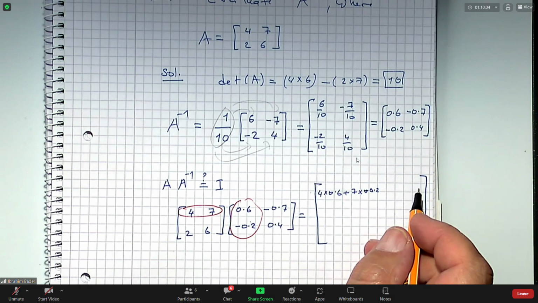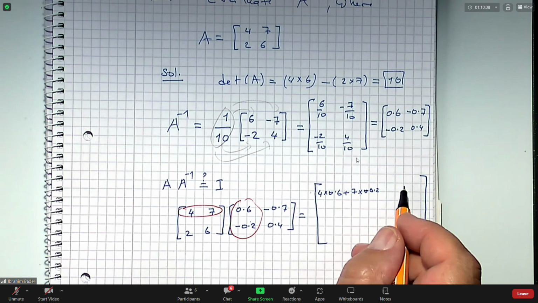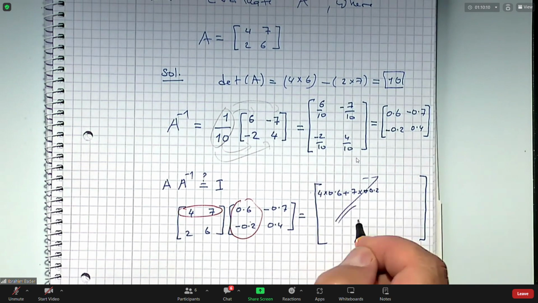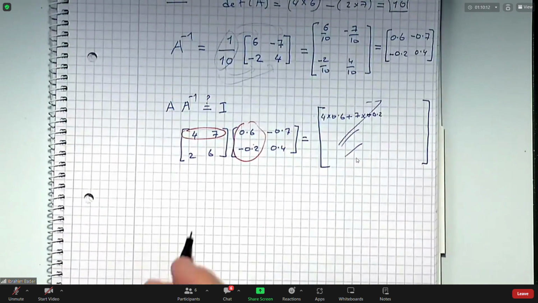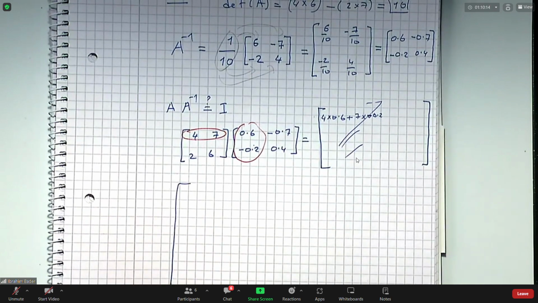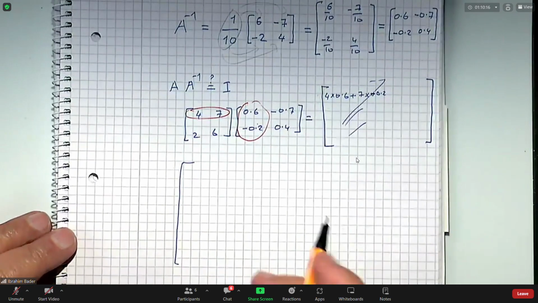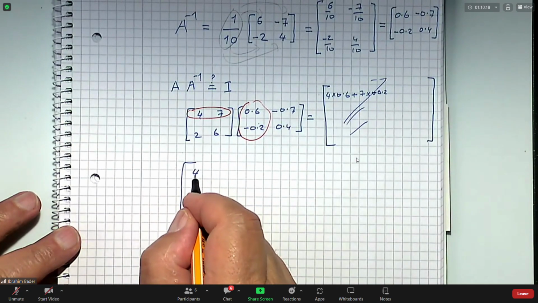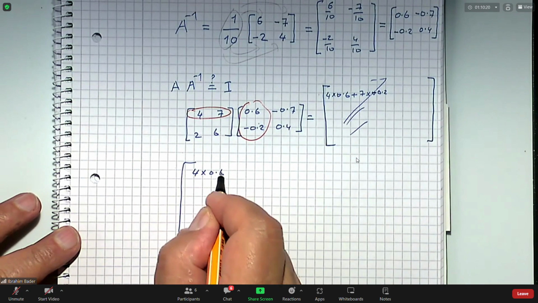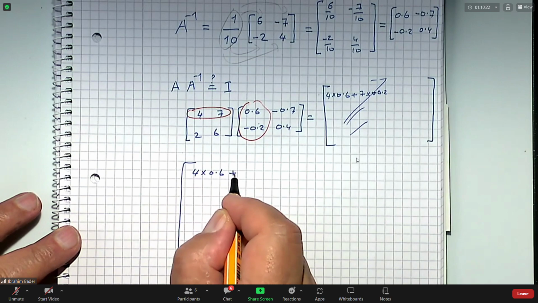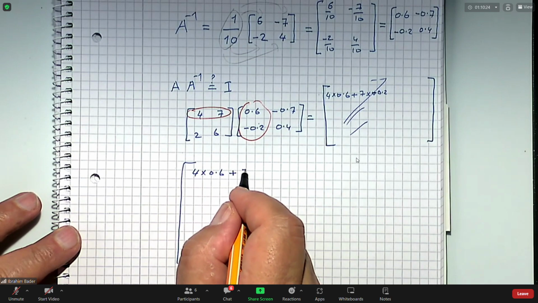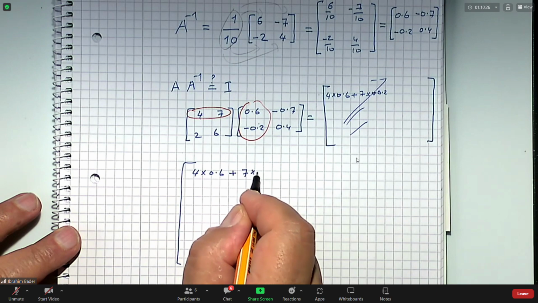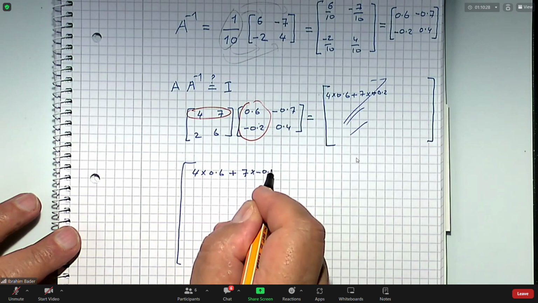This one here, I need room, so let me make it here down. Again, 4 times 0.6 plus 7 times negative 0.2.